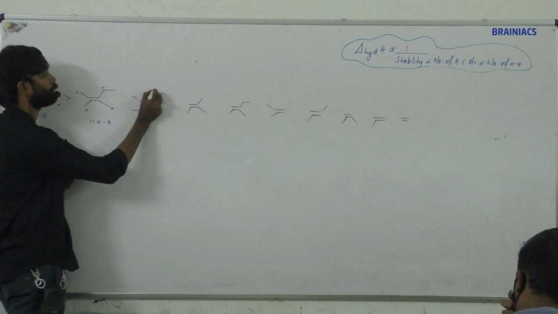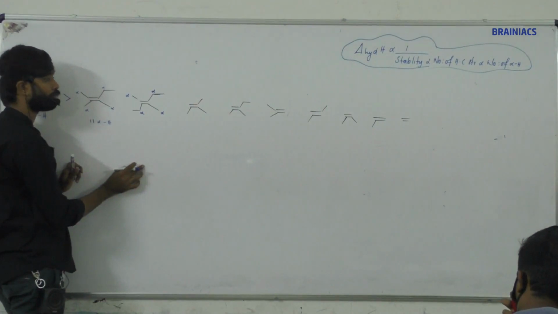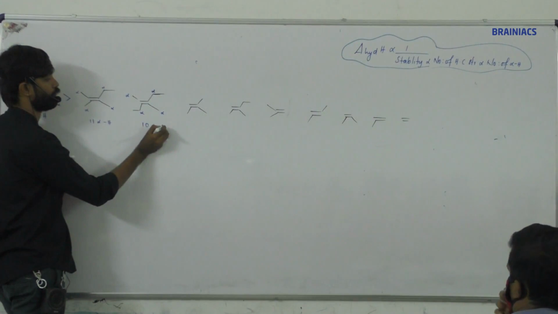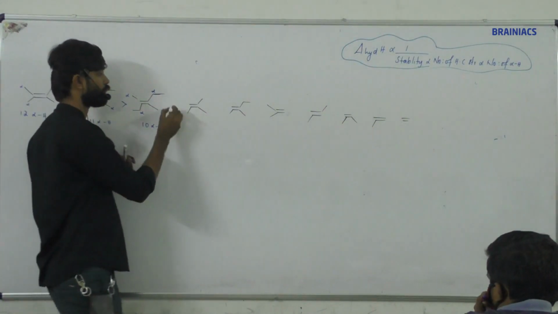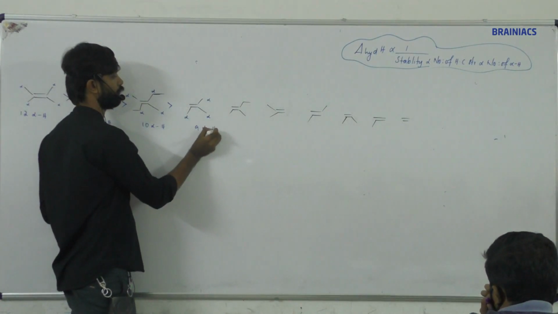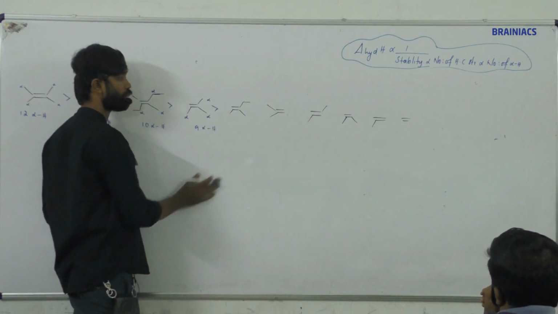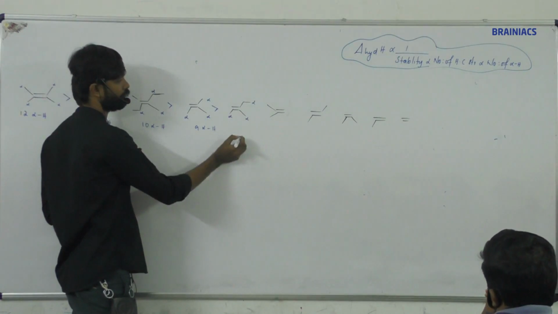Okay, second. 2, 3, 3, 2. 10 alpha hydrogen. So this is more stable, okay? Is it okay? Next. What about the next? Alpha, alpha, alpha.